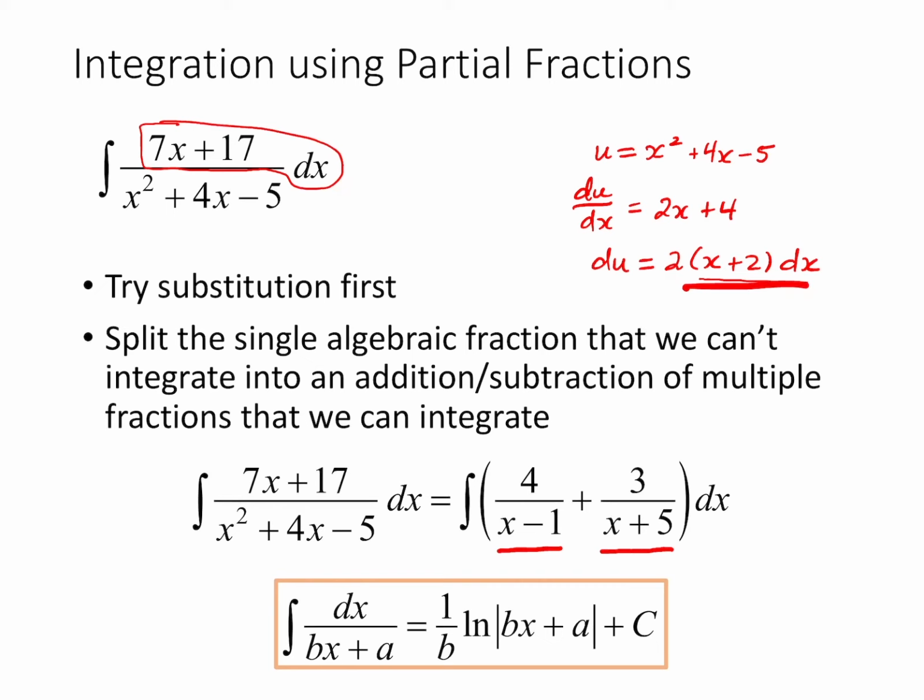We would end up with 1 over b times the ln of the absolute value of bx plus a, close that off, then plus c. So we could integrate both of these using this property.